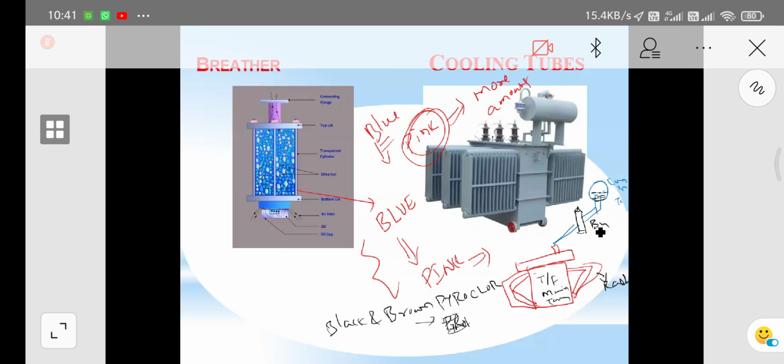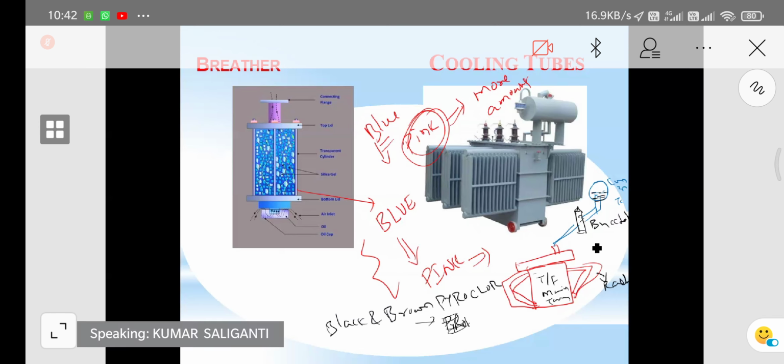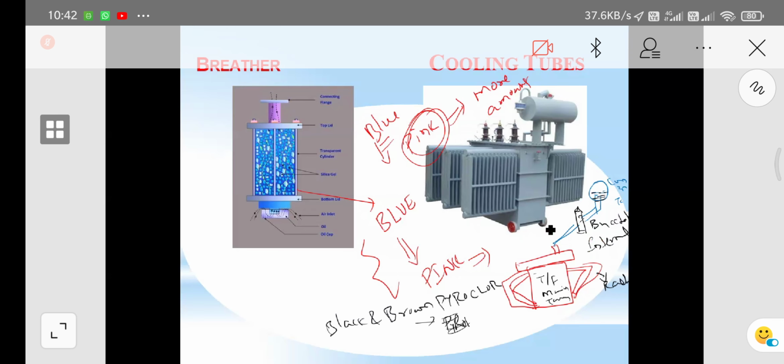So the Buchholz relay is used to protect the transformer from internal faults. The heavy current is called fault current.